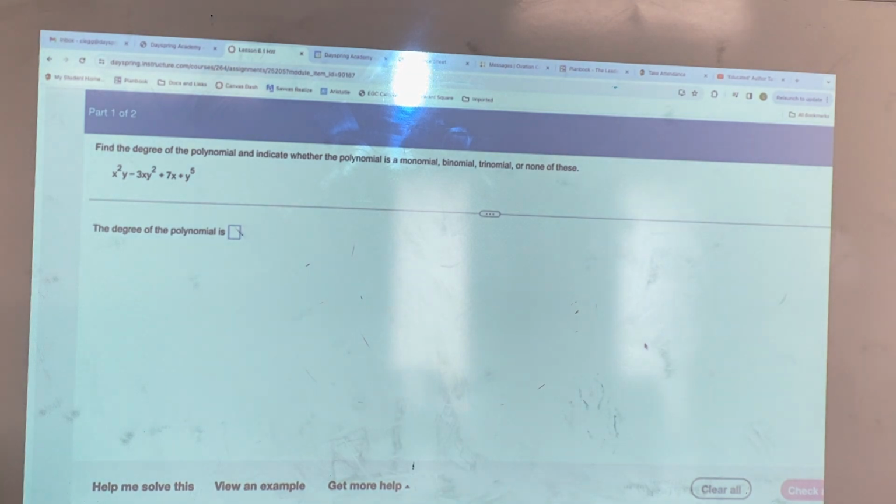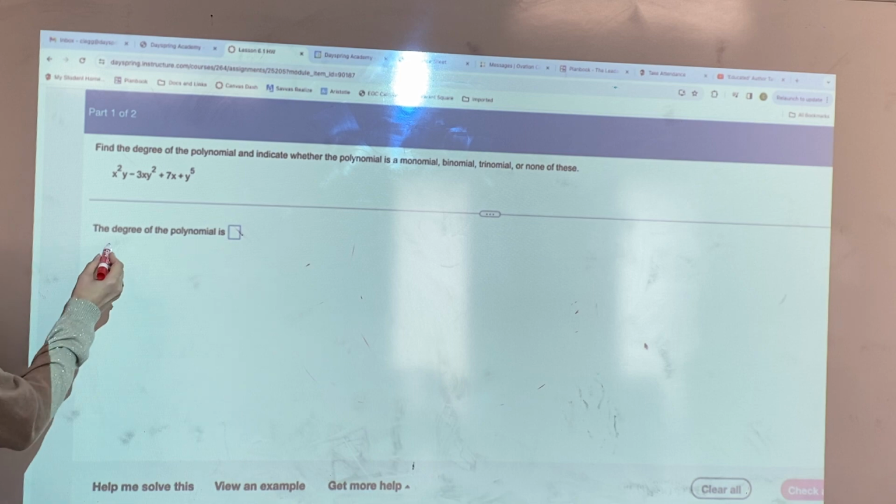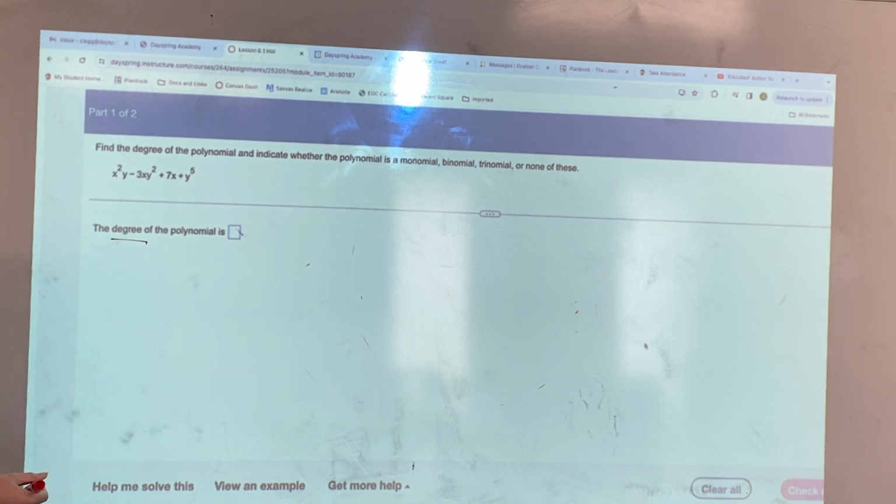Okay, find the degree of the polynomial and indicate whether the polynomial is a monomial, binomial, trinomial, or none of these. So first it wants the degree. How do we find the degree?